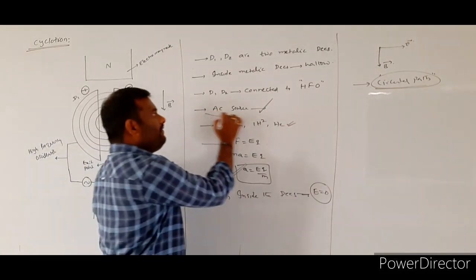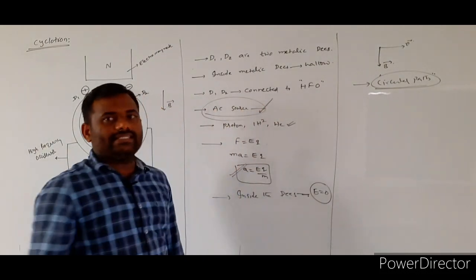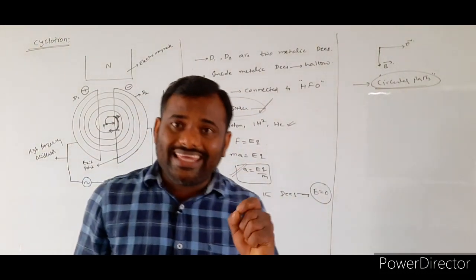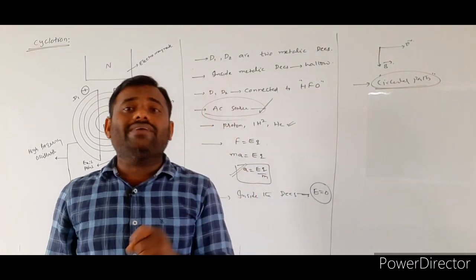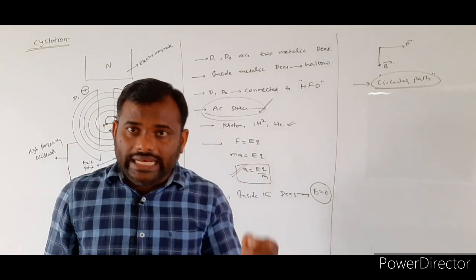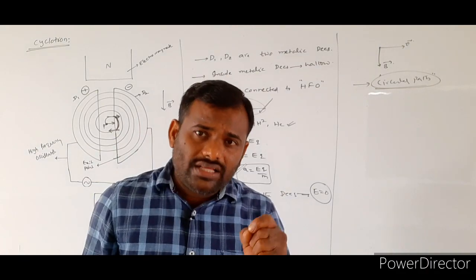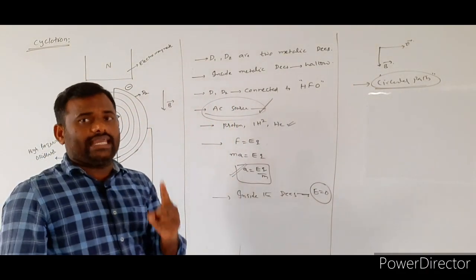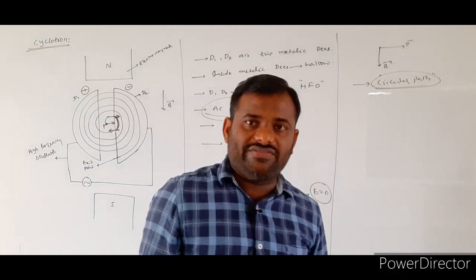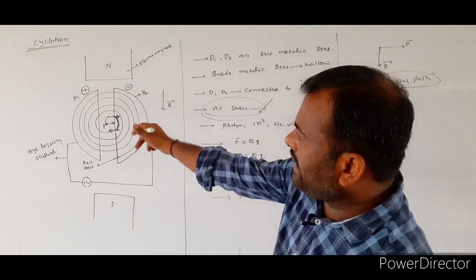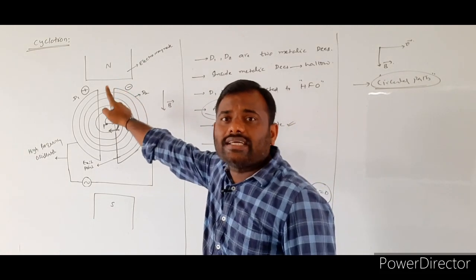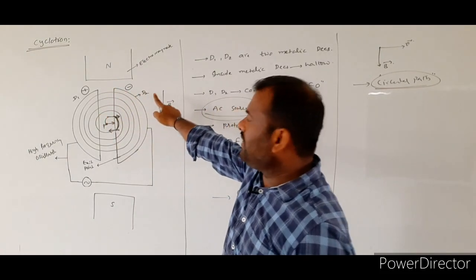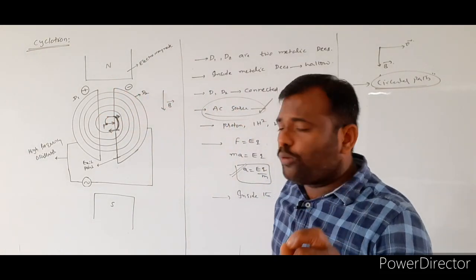Already we told which type of source we consider here. We consider the AC source. What is the meaning of an AC source? Alternately, its direction changes. Already I told, for the first positive half cycle, the metallic D1 acts as the positive plate and D2 acts as the negative plate.